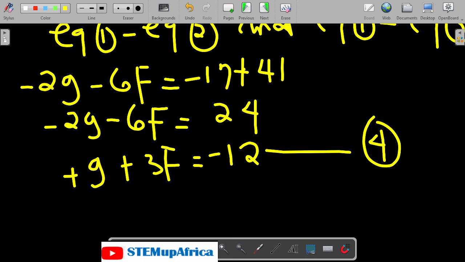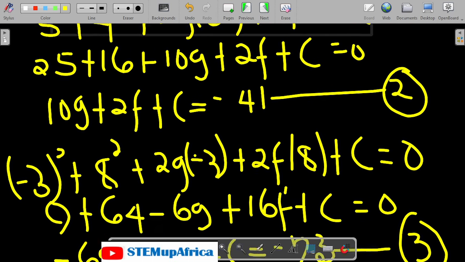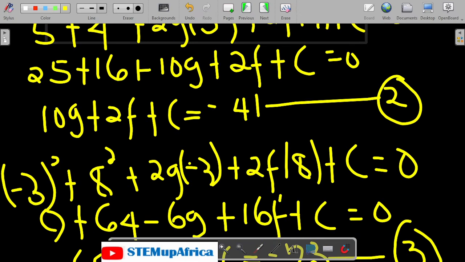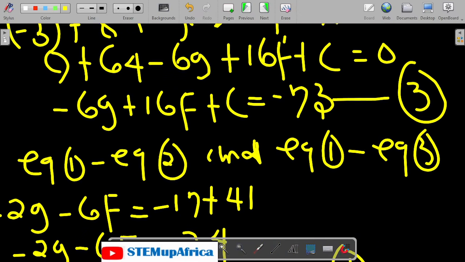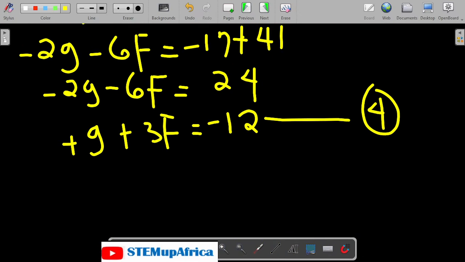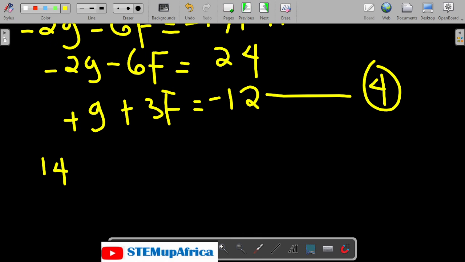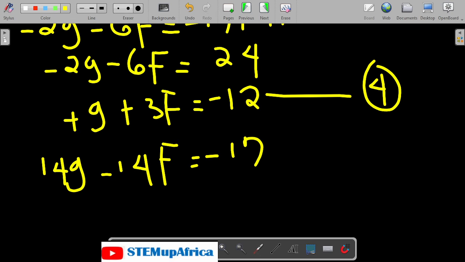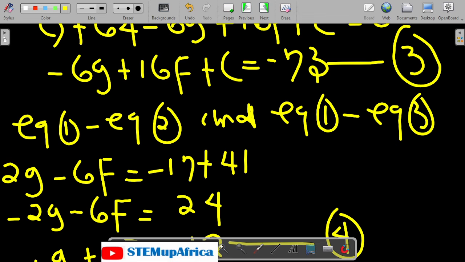So let's also subtract equation 3 from 1. If you do that, we're going to have, let's check equation 1, 8g minus minus 6g, that will give us 14g. If you do the other one, you get minus 14f is equals to minus 17 plus 73, because equation 3 also has a negative sign, so minus minus will produce a plus.